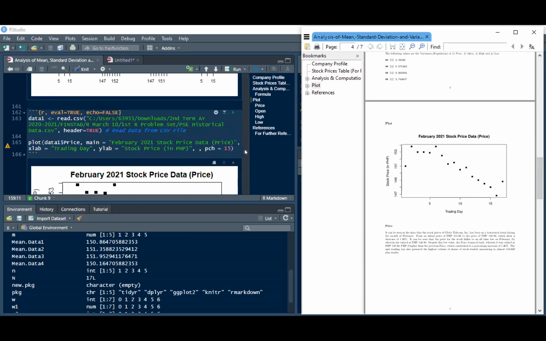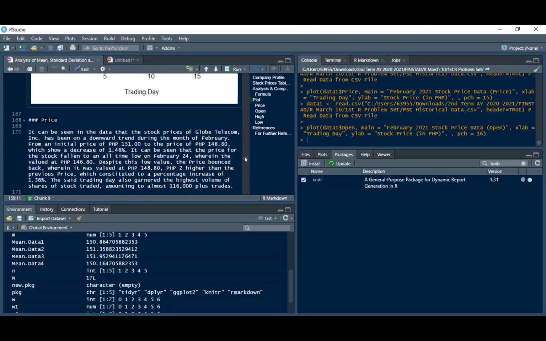And then for the plot, data 1 price. So for the x-axis, we did trading day. And then for the y-axis, we did yung stock price in Philippine peso. So you can see the downward trend. And then after that, we inserted a short explanation or interpretation about it.